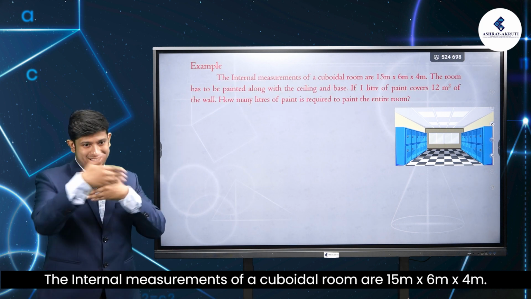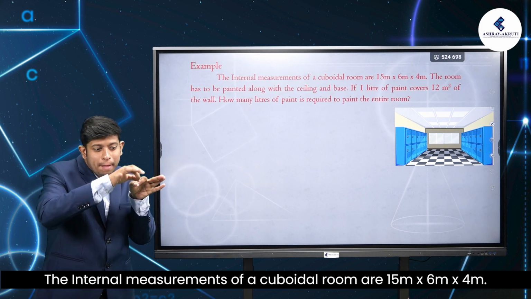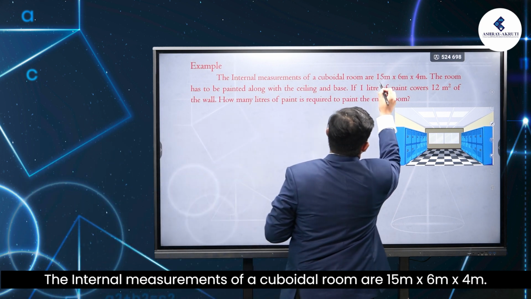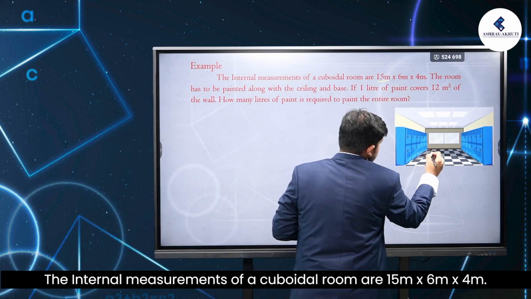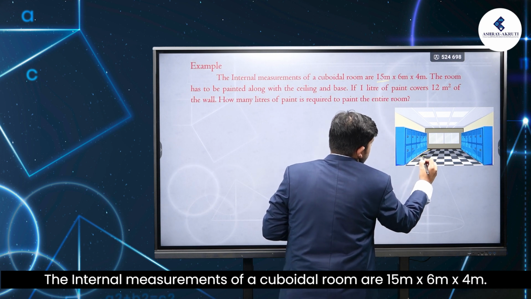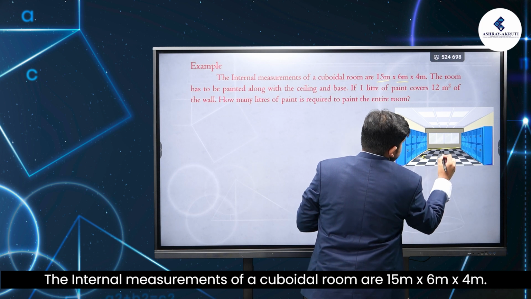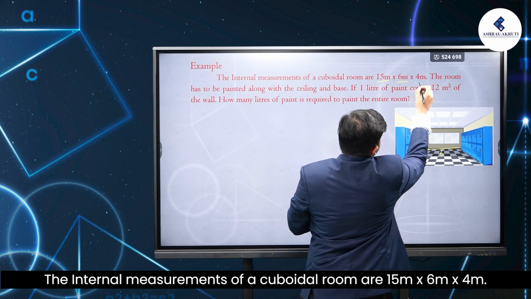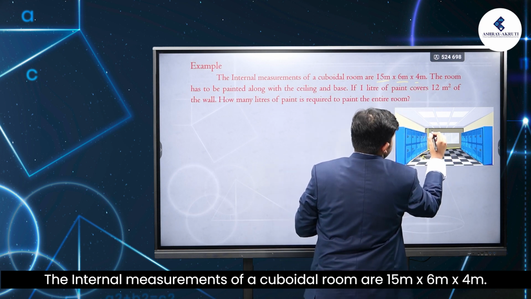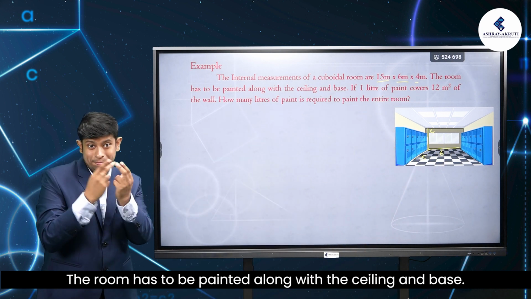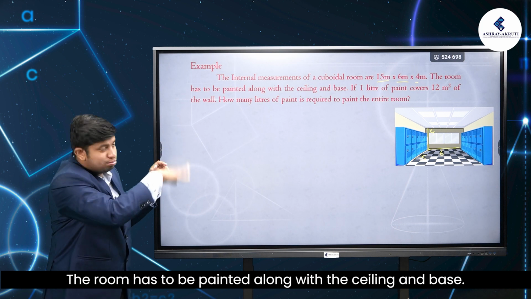The internal measurements of a cuboidal room are 15 meter into 6 meter into 4 meter. The room has to be painted along with the ceiling and base.